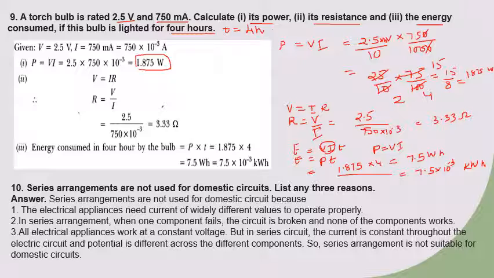Then again, all electrical appliances work at a constant voltage. But in a series circuit, the current is constant throughout the circuit, and the potential difference across the different components is different. So series arrangement is not suitable for domestic circuits.